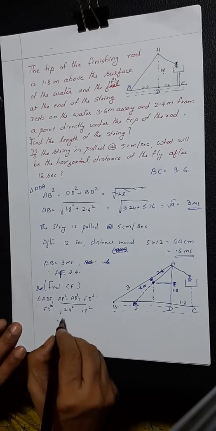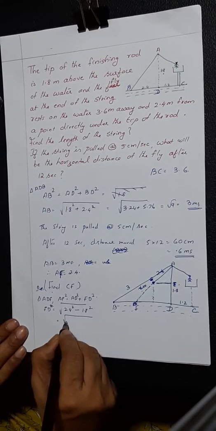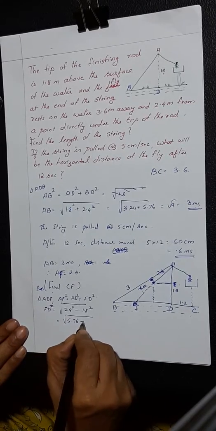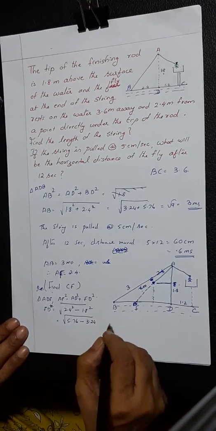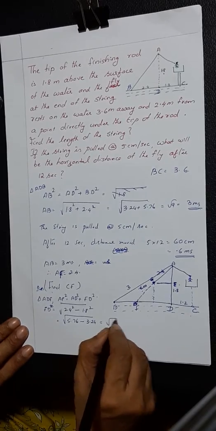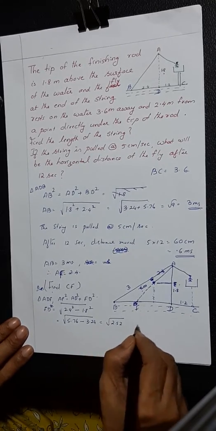So this is equal to root of 5.76 minus 3.24, which is root of 2.52.